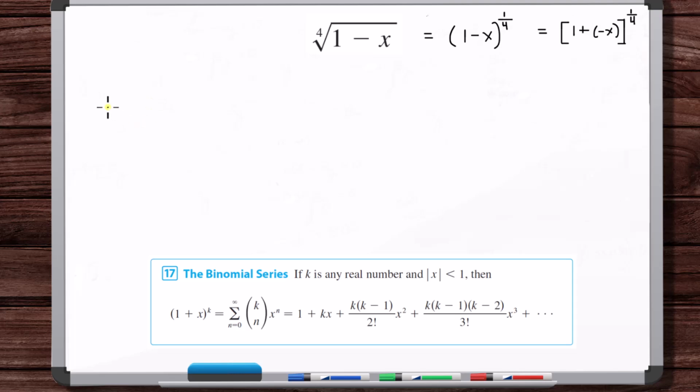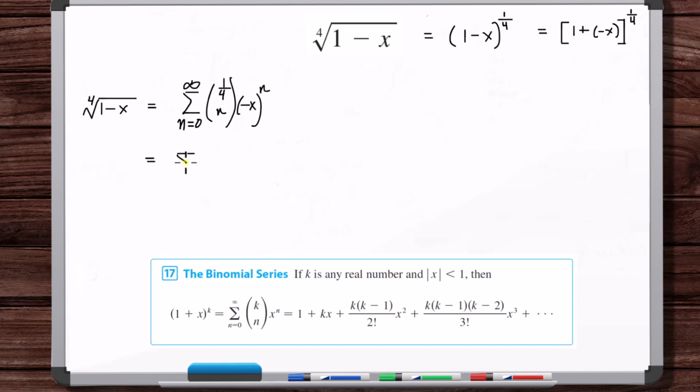So, okay, the 4th root of 1 minus x is equal to the sum from n equal to 0 to infinity of k choose n times minus x to the n.